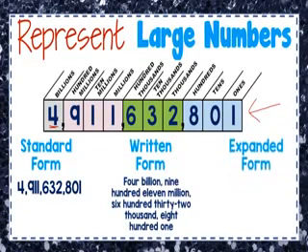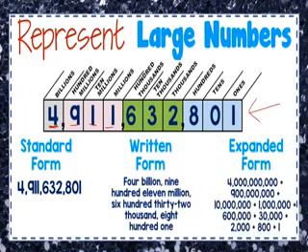Look at its standard form, its written form, and its expanded form. Just have a look at its expanded form. You can see a lot of zeros. Whenever you're dealing with big numbers, there is going to be more use of zeros, so you have to be careful about putting the zeros in their proper place.